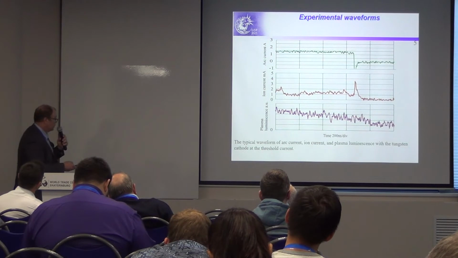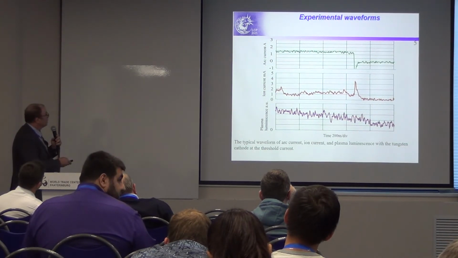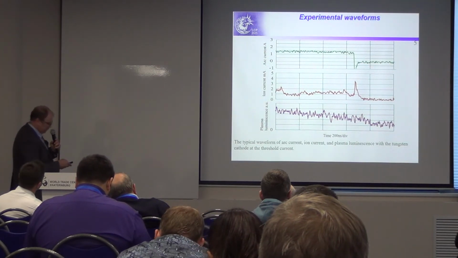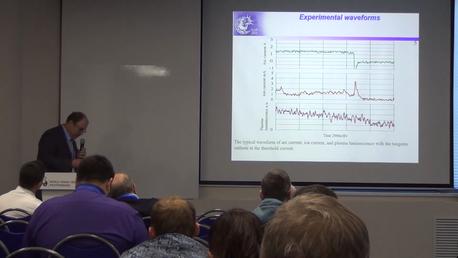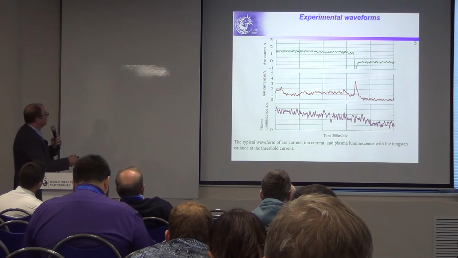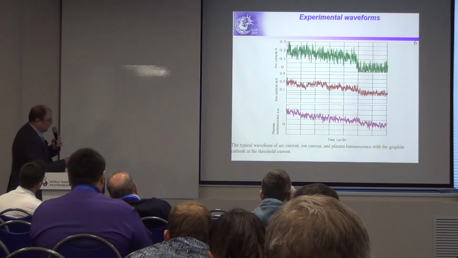So at the tungsten and copper cathodes there is a very big threshold current in comparison with the graphite one.